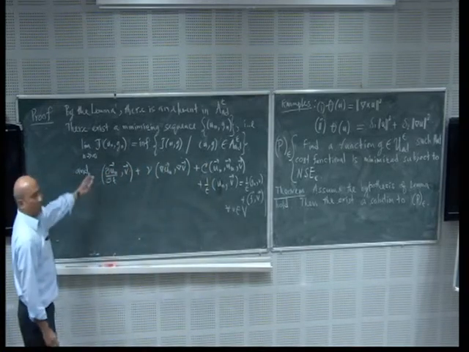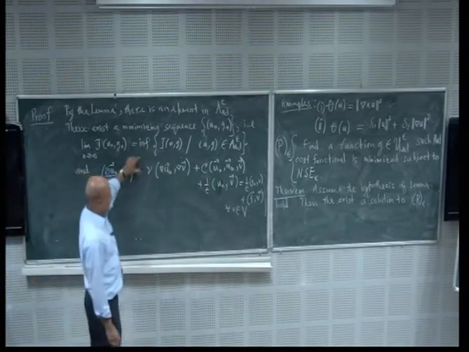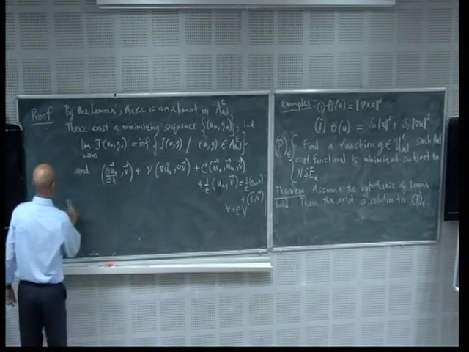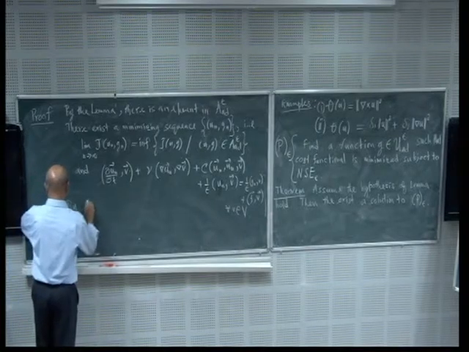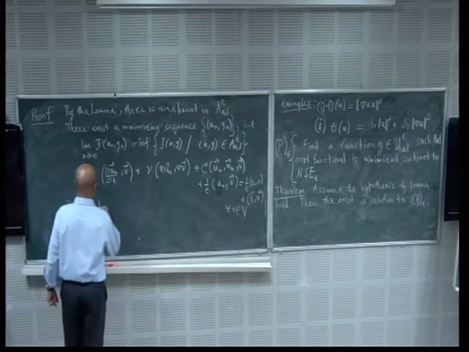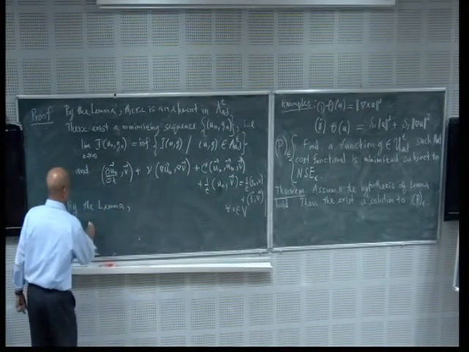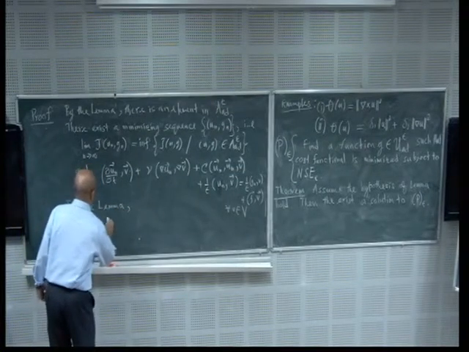Therefore, by the lemma and the a priori estimates, I have bounds for un and gn.